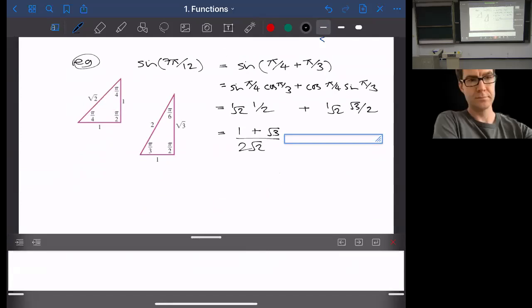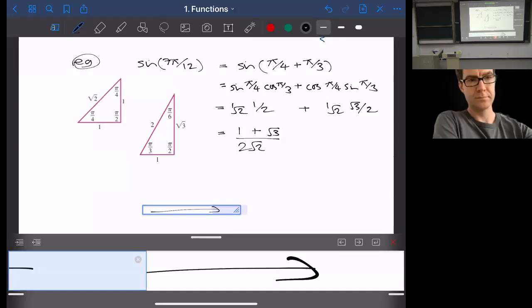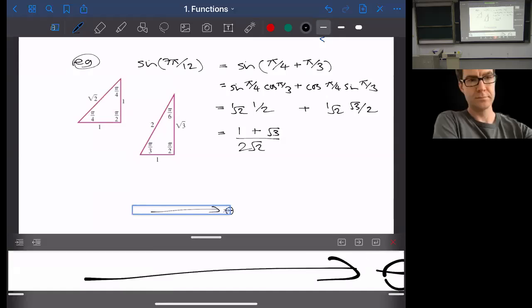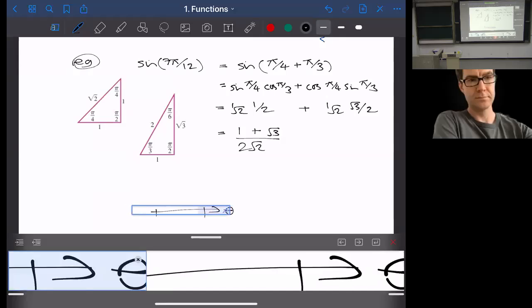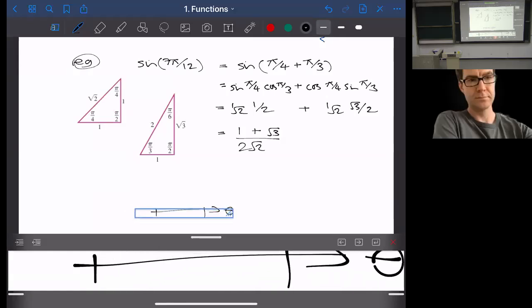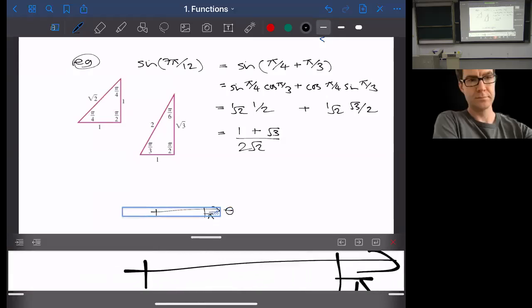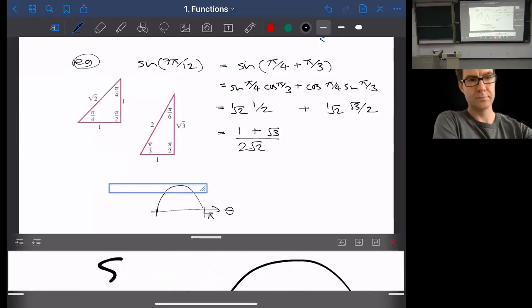So, to give some context for that, if I try to draw the graph to check that this is right, if I have theta going from 0 to pi, then the graph of sine theta looks like this.